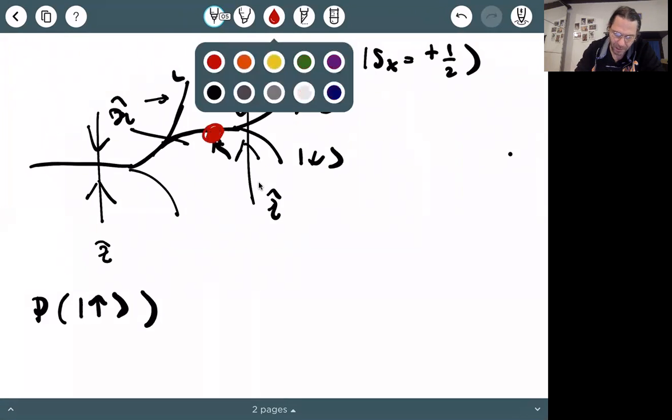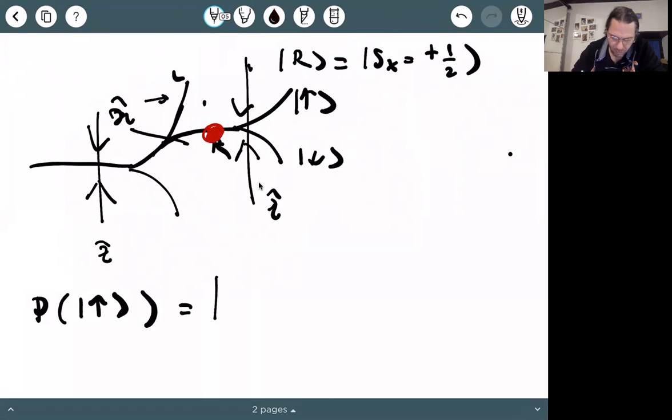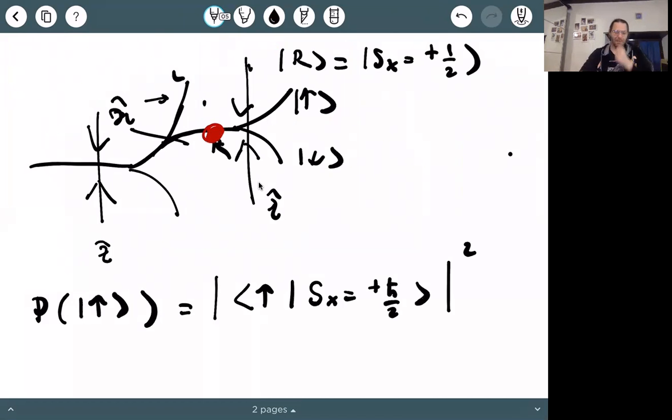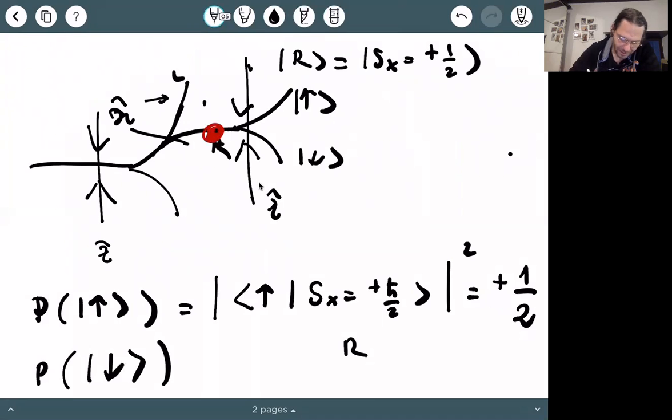Well, in order to find out, I have to take the square modulus of the overlap of plus with these states that I prepared here, the right eigenstates. And if you do the calculation, you'll discover that this is 1/2, and you have the same probability of observing negative.